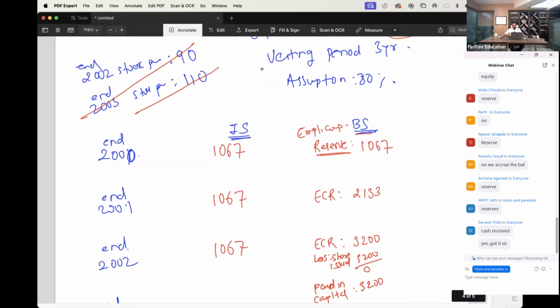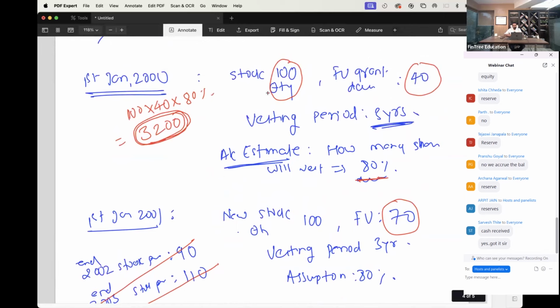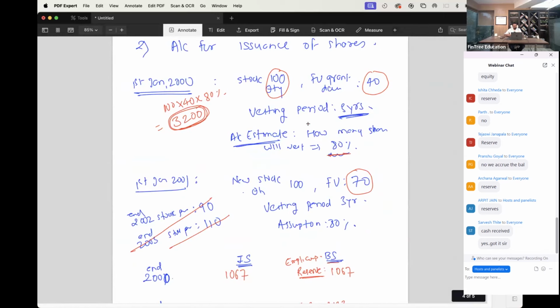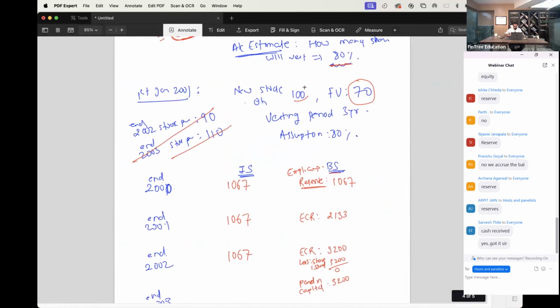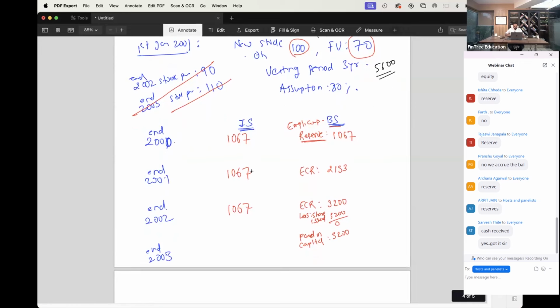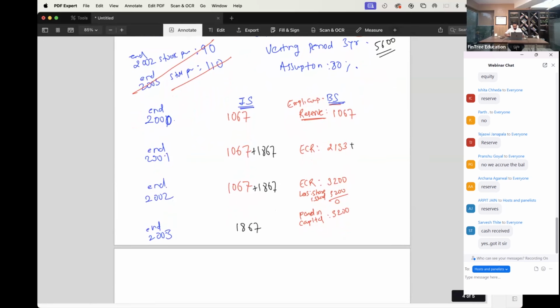This is the treatment for the first item. That means the first shares that were issued. How about the second one? Let's do the math. 1,000 into 70 into 80%, 5,600. 5,600 divided linearly for 3 years. How much is that? 1867. So 1867 plus 1867 and 1867. What will happen to my reserves? Goes up by 1867.